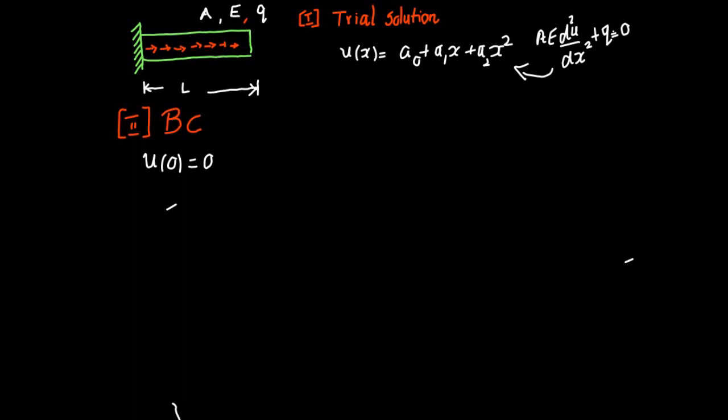What is the second boundary condition? The second boundary condition is the strain, which is given by du by dx, which is change in length divided by original length, but here you are trying to define the strain at a point. The strain at x is equal to L, which means the free end of the bar, is 0. Why is that the case?